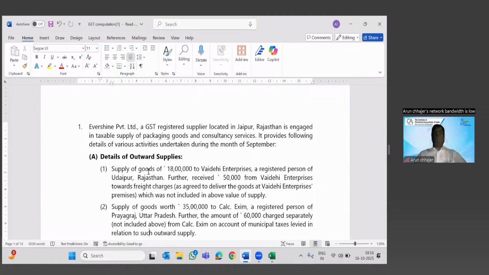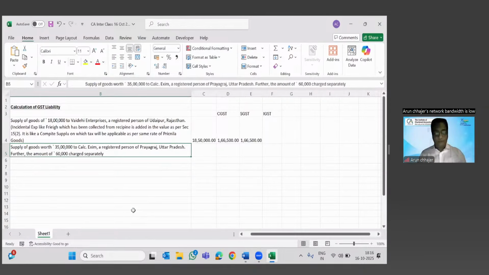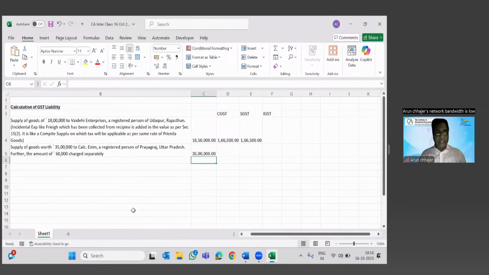Municipal tax, is GST chargeable on the municipal tax or not? Do I need to charge GST on the municipal tax or not? Or do I need to charge simply the GST on the 35 lakh?